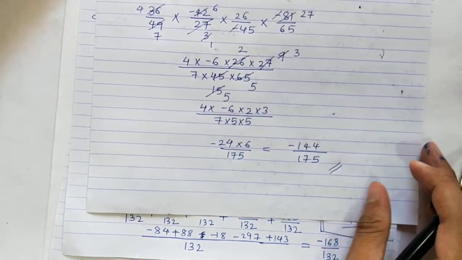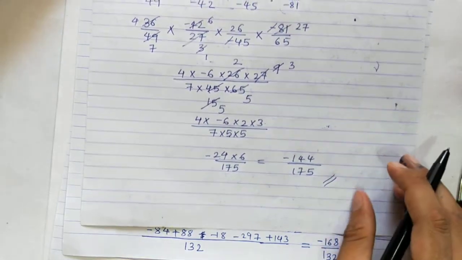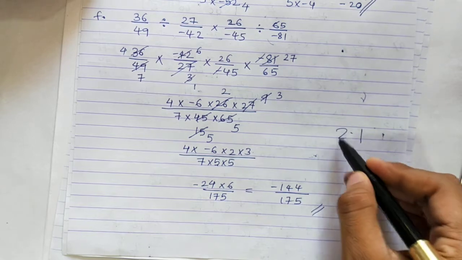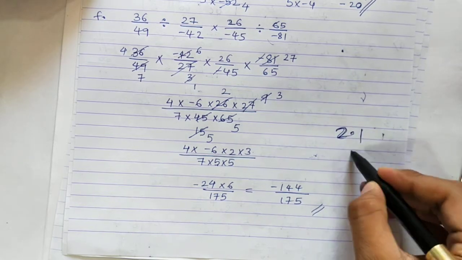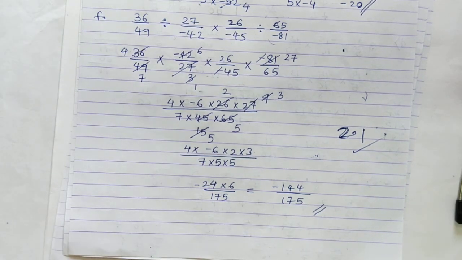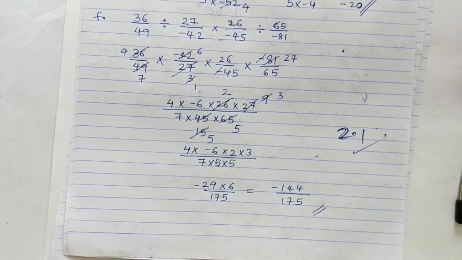Calculations, you do it on your own. Do the calculations here in the rough work. This sum is done. With this we complete exercise 2.1. Exercise 2.1 is completed now. Okay. That's it for today. In the next video we'll start with the next exercise.